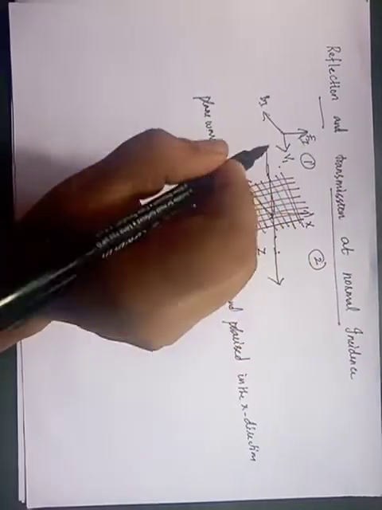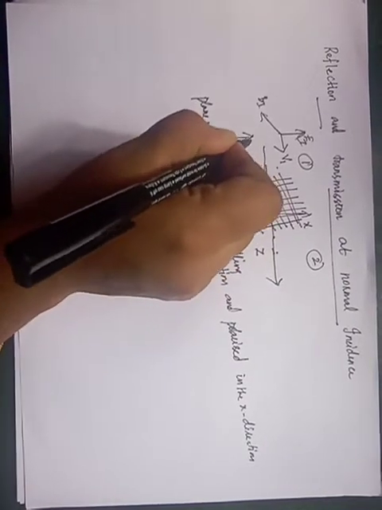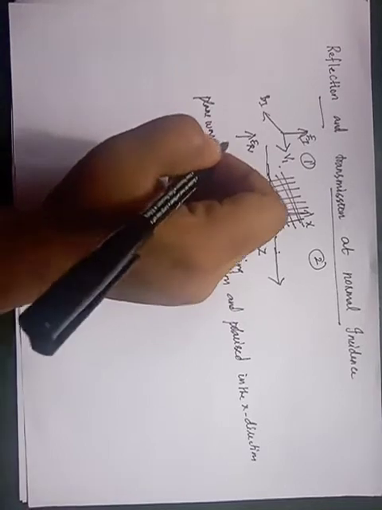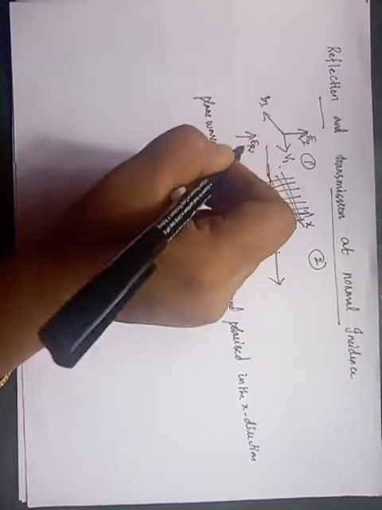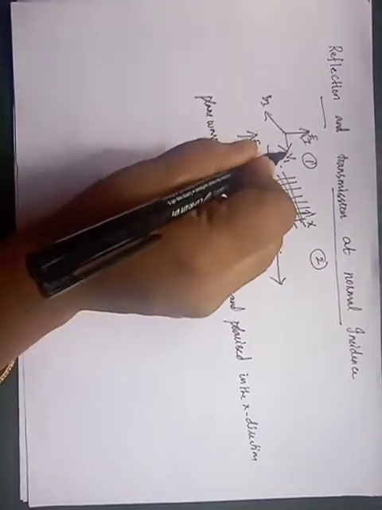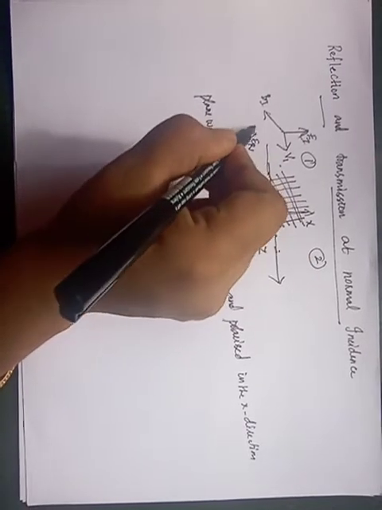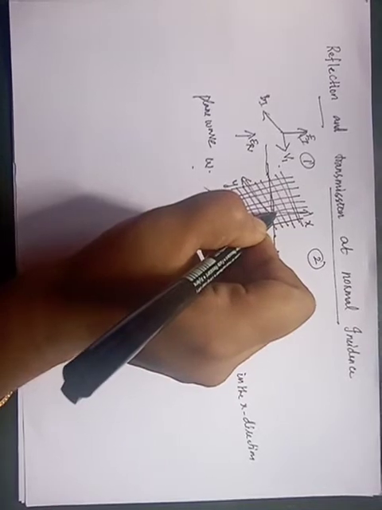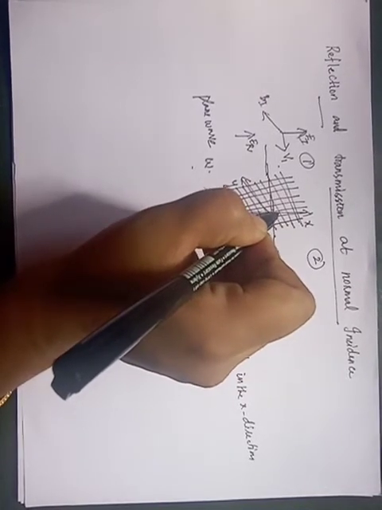Similarly the reflected electric field will also be in the x direction, and the velocity will be in the opposite direction, because the wave will travel in this direction only, but after being incident at the boundary, part of the wave will get reflected.